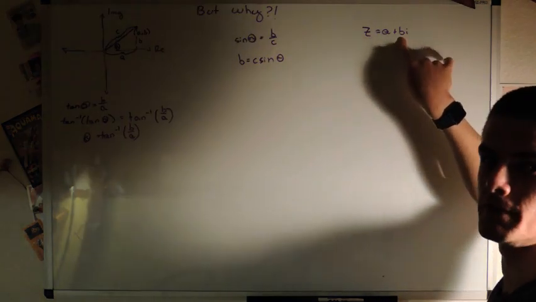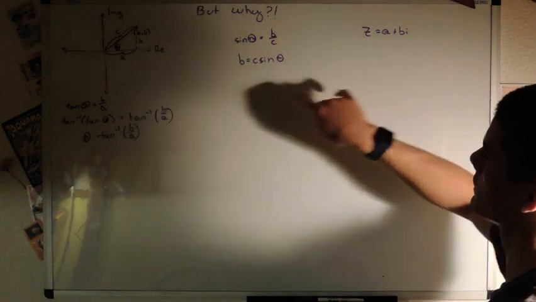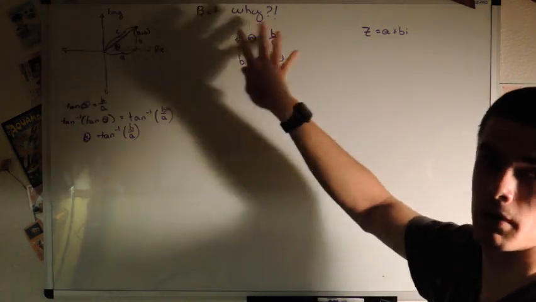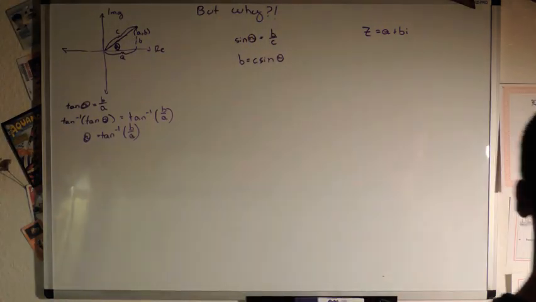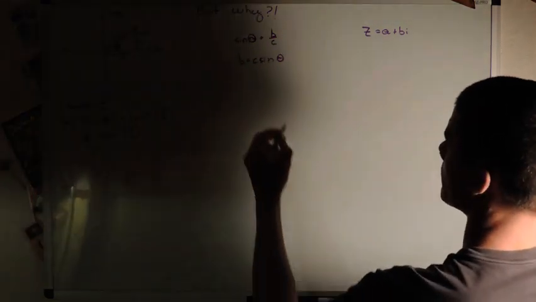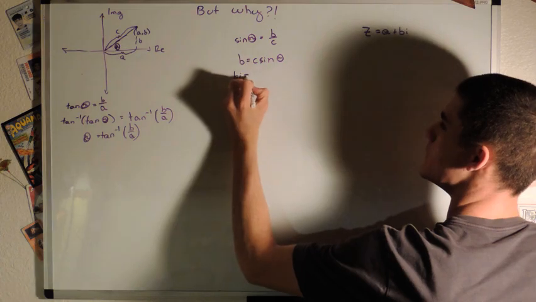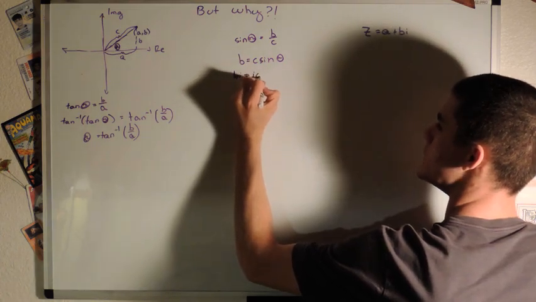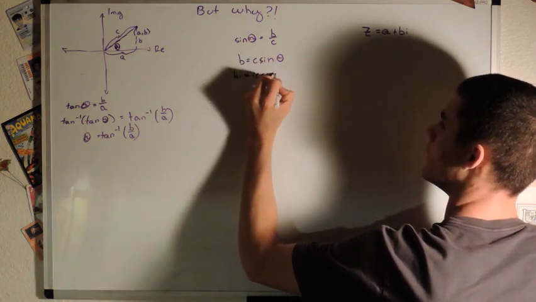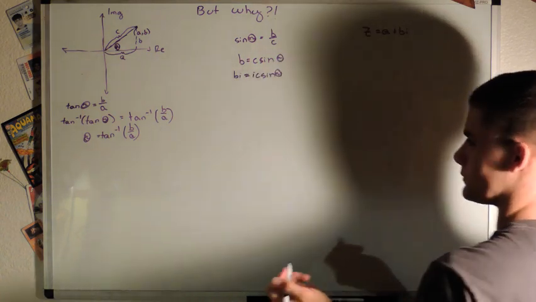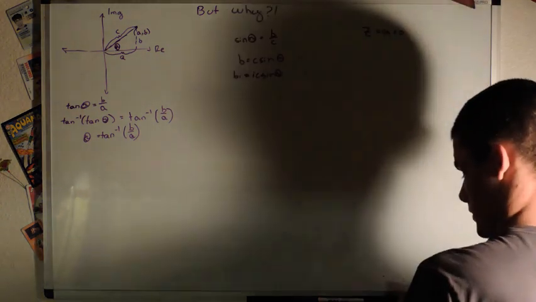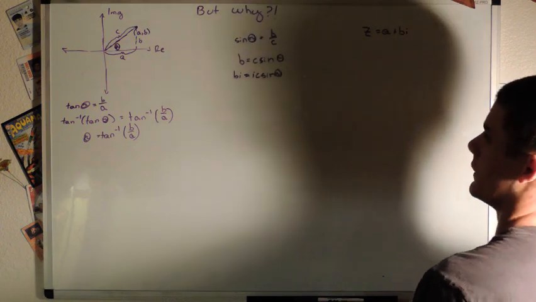However, it appears as bi in our complex number, so I'm going to multiply both sides by i. So bi is going to equal i c sine theta. I'm going to do the same thing with cosine of theta.